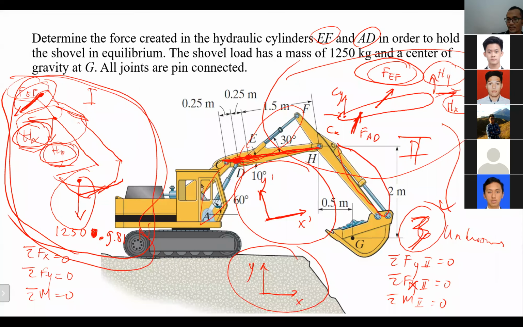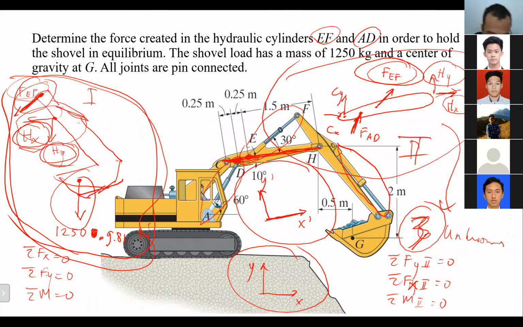It's not similar, but it will be on frames and machines, and it will be a new problem. So don't expect a problem exactly the same as in the book. But like it or not, you have to practice from the book.